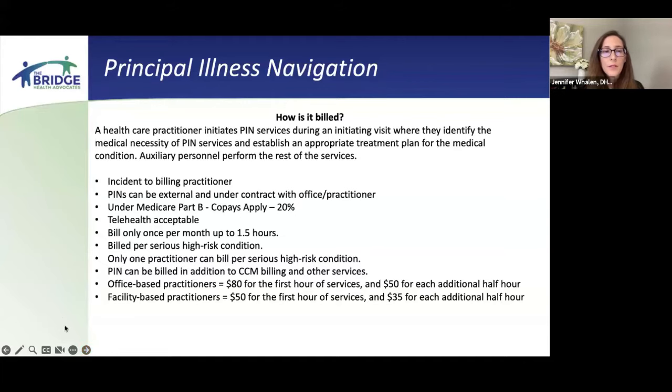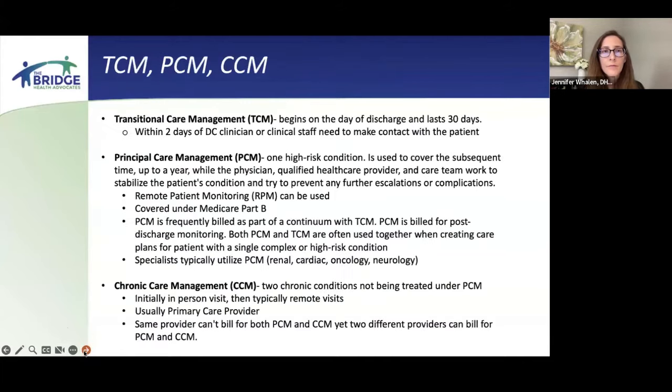Yeah, absolutely. Okay, so another busy slide, but this is what people who have been working in healthcare and working with patients know: there are all these care management options out there for patients.